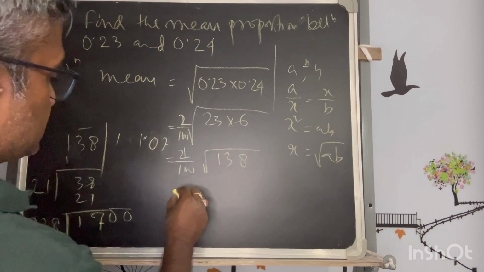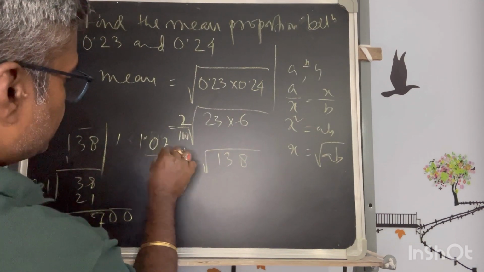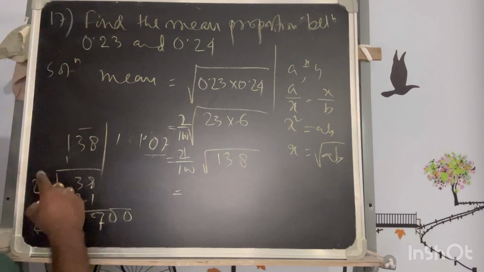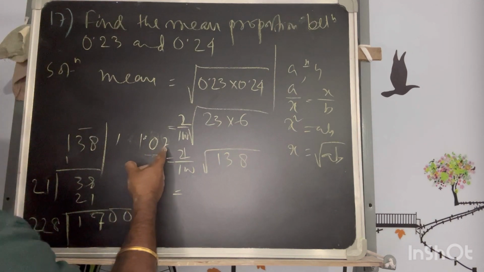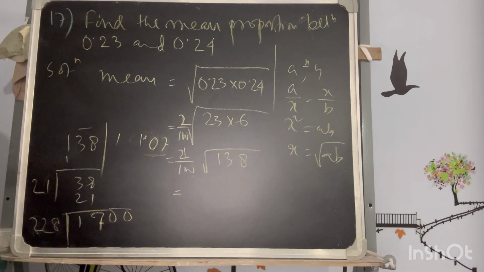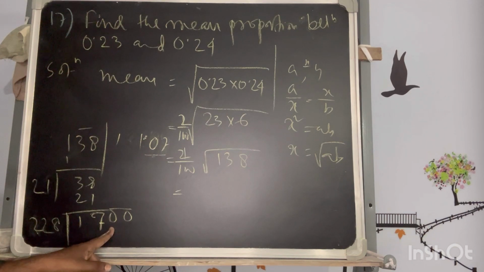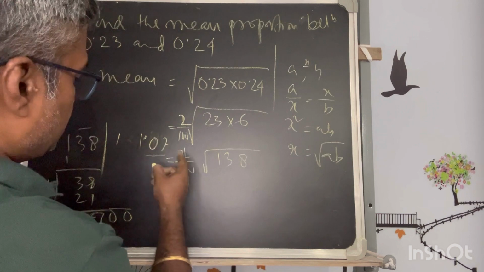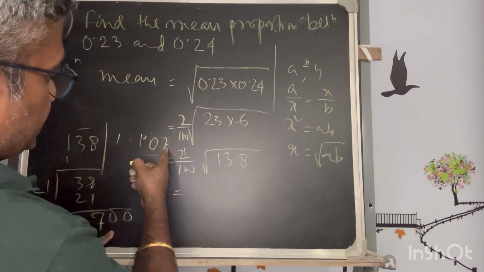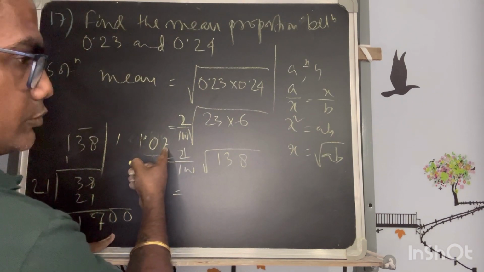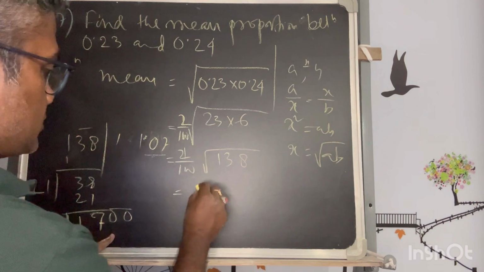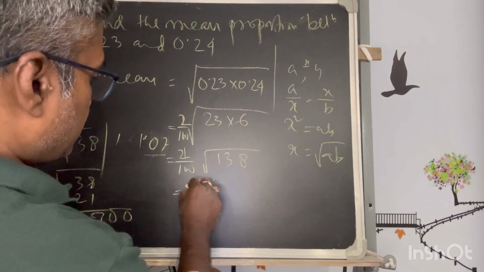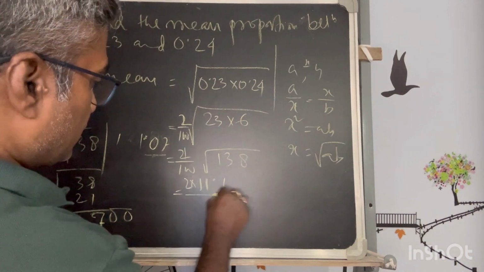So this is almost, you can take the approximation as 11.1, because the second digit after the decimal is more than 5, so you can change the number, so you can take 2 into approximately 11.1 by 100.